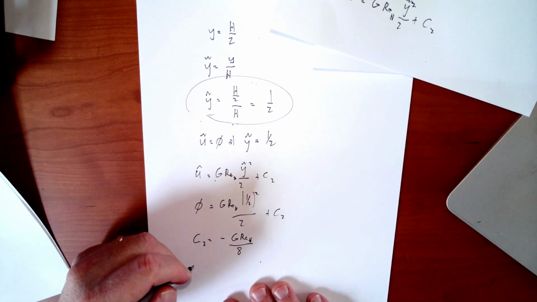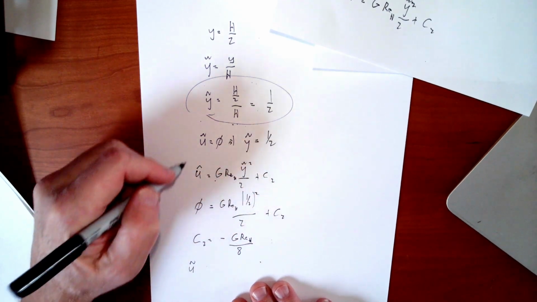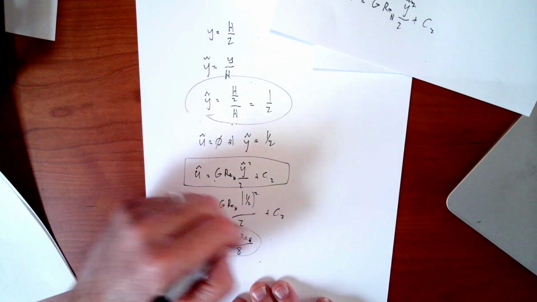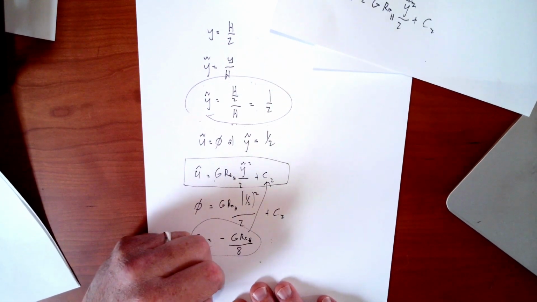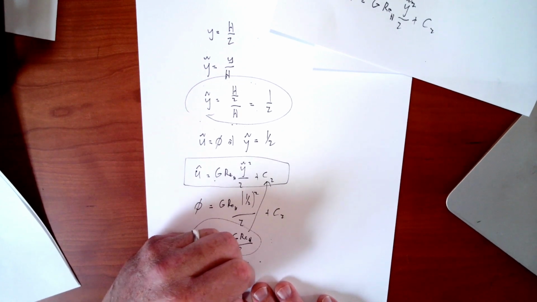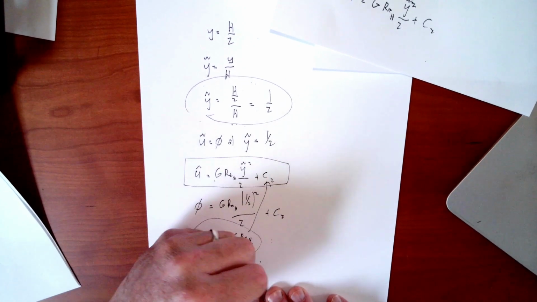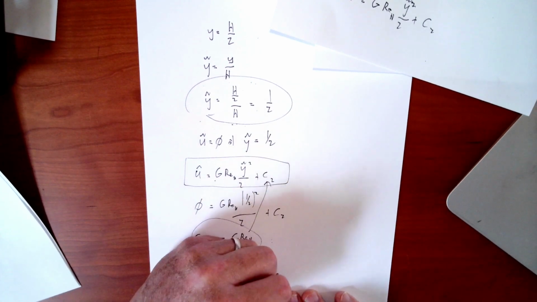So I plug that back into my general solution, and I get that u tilde is equal to g Re_h y tilde squared over 2 minus g Re_h over 8.